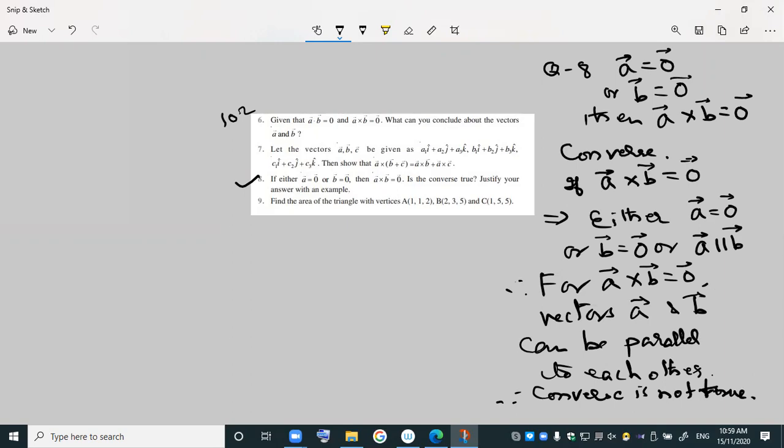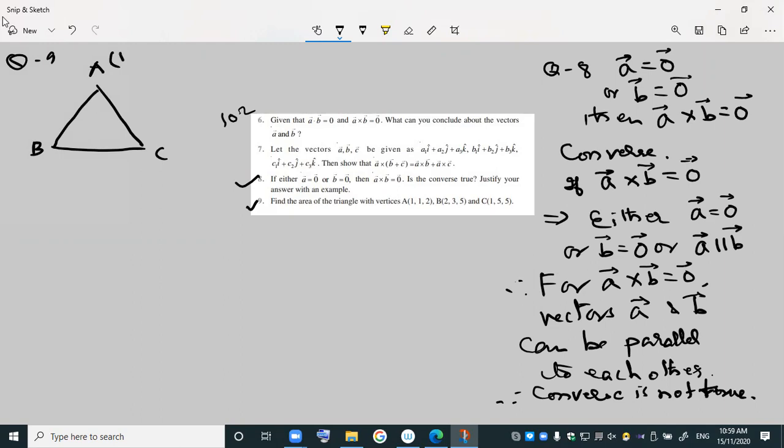Okay. Find the area of the triangle with vertices. Three vertices are given in a triangle, A, B, and C. Question number 9.